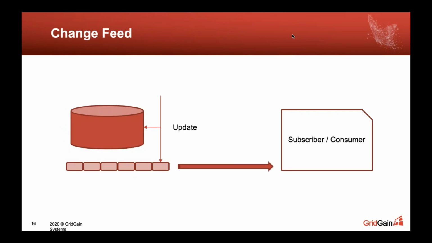Essentially, the update that goes to a database goes both to the stable storage and an additional journal, which can be a part of the system itself. And later, this journal can be read by subscribers.